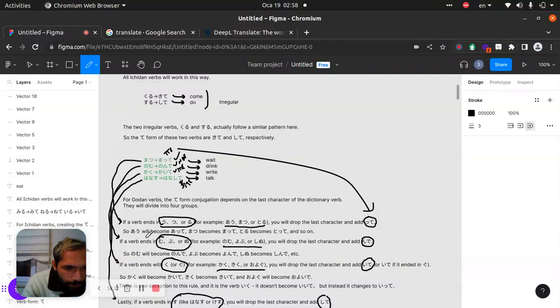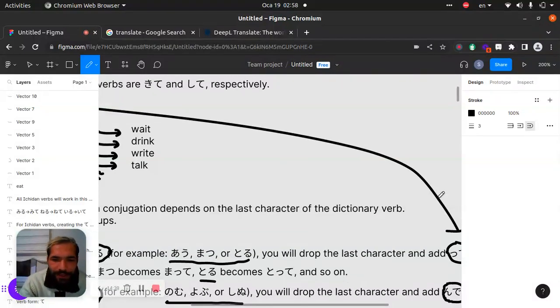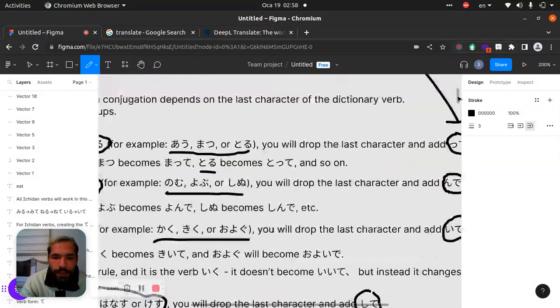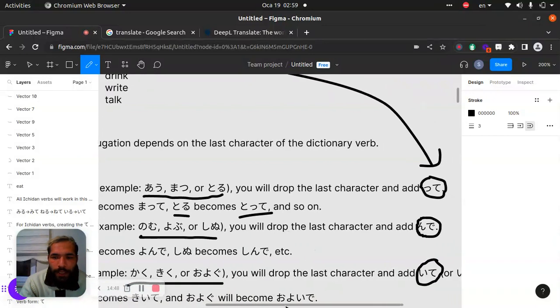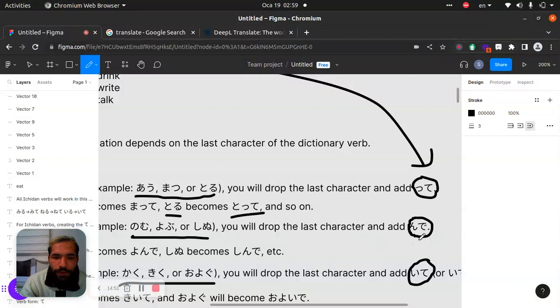So au will become atte, and hashiru will become hashitte. Matsu will become matte, and tatsu becomes tatte. Let's make it a little closer and go step by step. Tatte in this case, okay? And this is another form. It depends on like that.